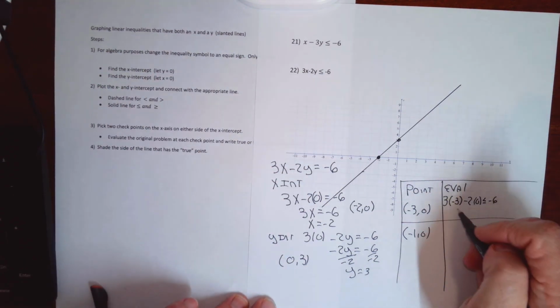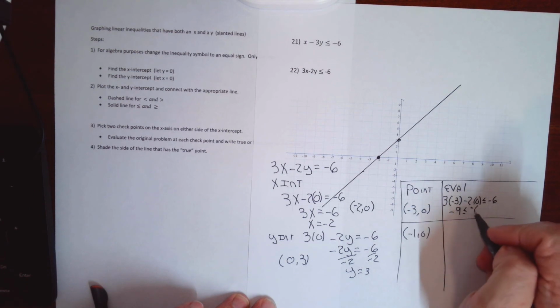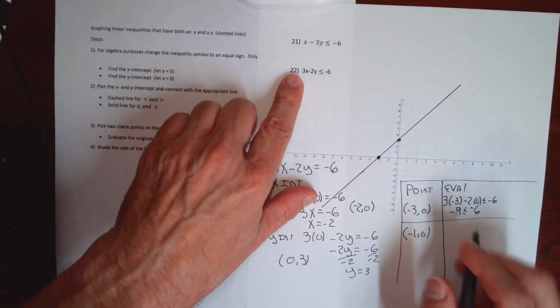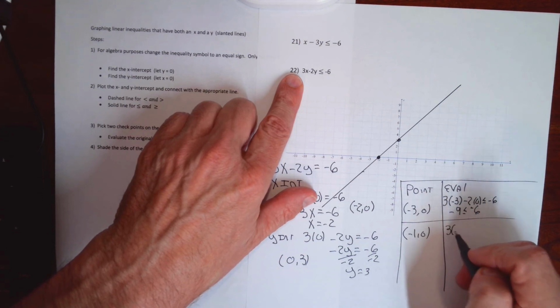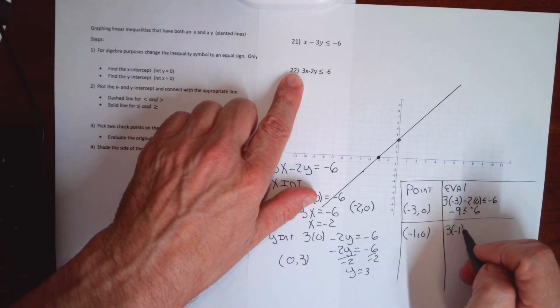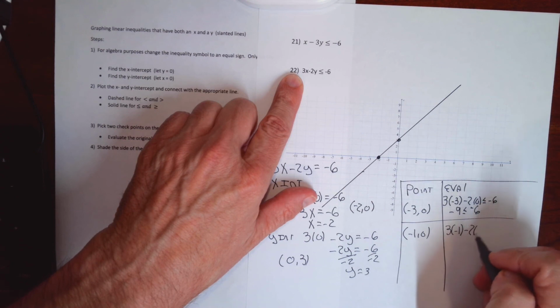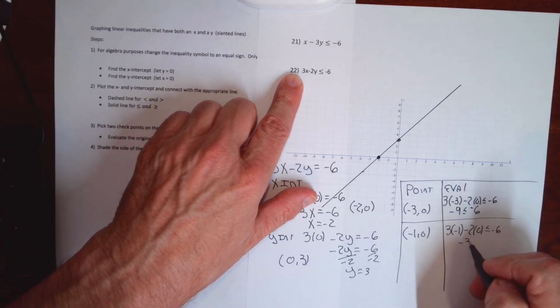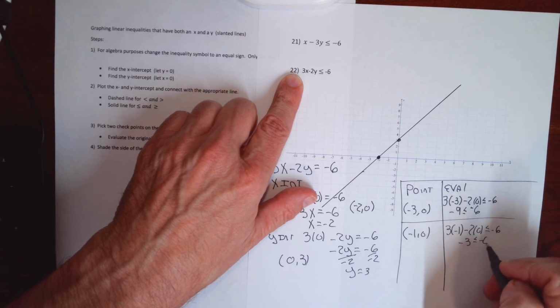And this is going to simplify to negative 9 is less than or equal to negative 6. And then for the bottom one, I'm going to plug negative 1 in for x and 0 in for y. So 3 times negative 1 minus 2 times 0 is less than or equal to negative 6. This gives me negative 3 is less than or equal to negative 6.